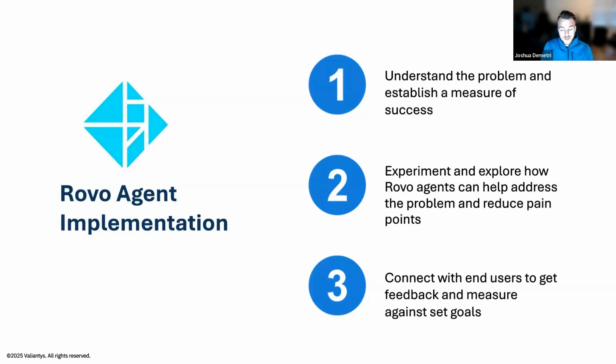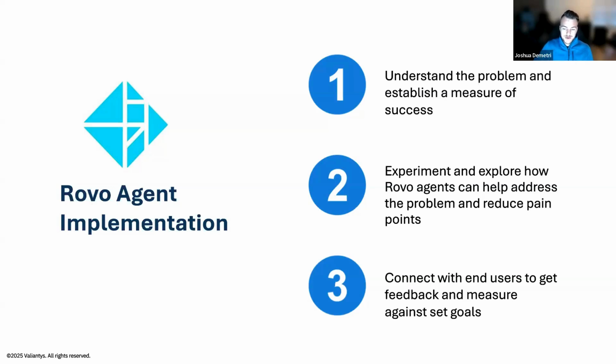So the first step here is to really understand the problem we're trying to solve and to also establish that measure of success in a way that we can use later on to actually determine, did the agent solve my problem? So let's say that the problem that I'm trying to solve is that I have requests coming into JSM and I want to speed up the time to resolution. Well, that's a clear problem that I can define. So I've defined my problem and I understand it.